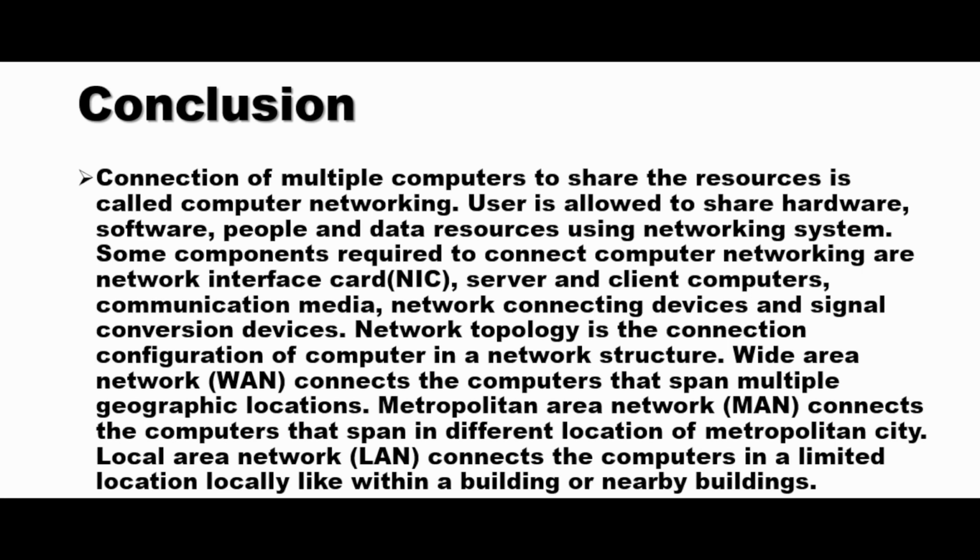LAN, the local area network, connects a limited area or location, likely small buildings. MAN connects a city or metropolitan area, while WAN connects a wide area. So these are the definitions of LAN, MAN and WAN. We have already learned about topologies, so I don't think I need to describe much more about LAN, MAN and WAN.